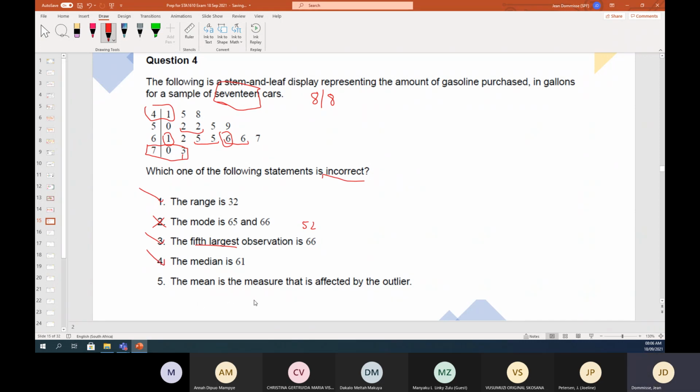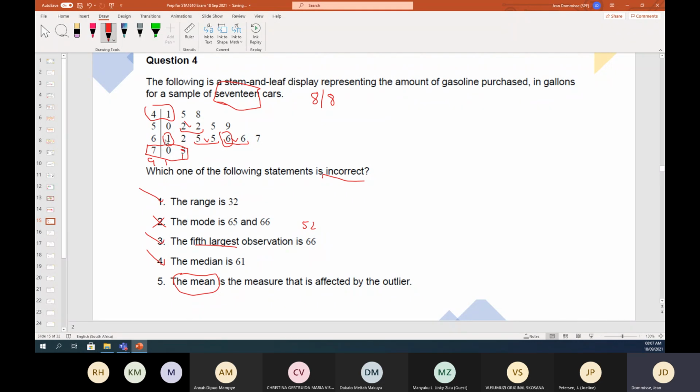And the mean is the measure that is affected by the outlier. The mode is not affected by an outlier, because the mode is just the number. So if, say, here was a number 91, and there wasn't the number 73, so it was still 17 cars, but we just replaced 73 by 91, the mode still stays the same.